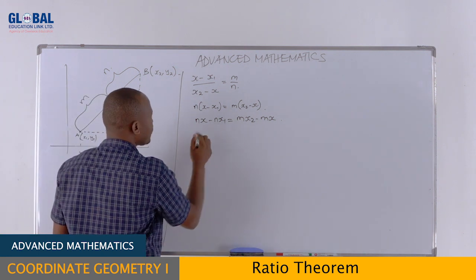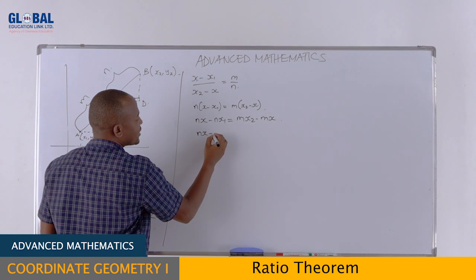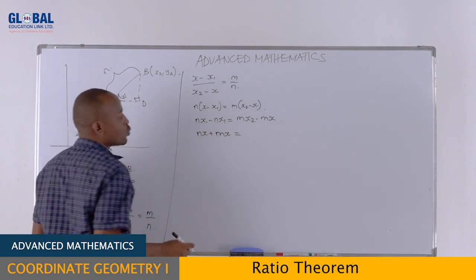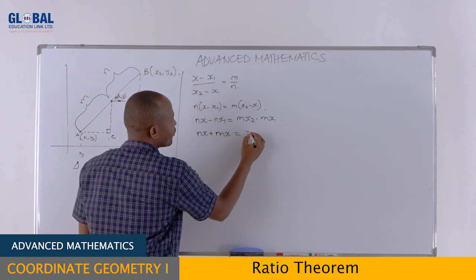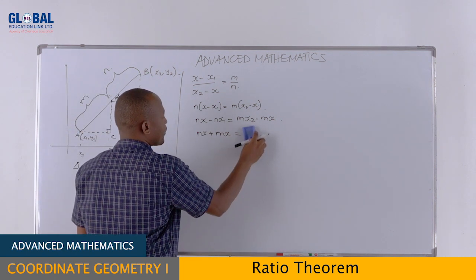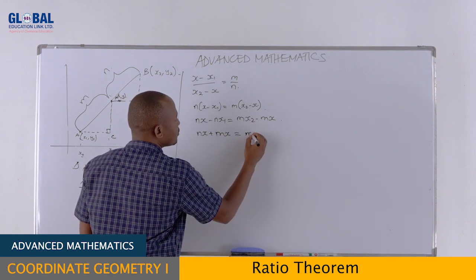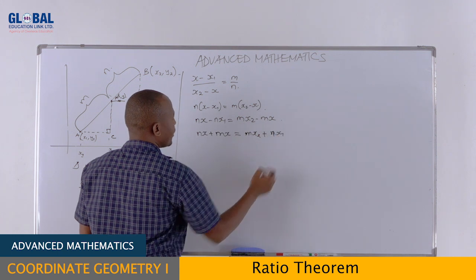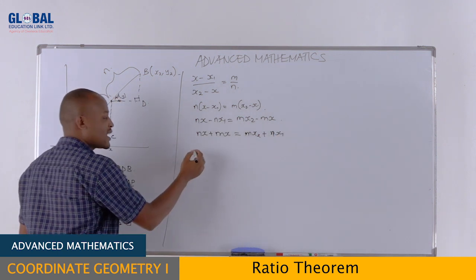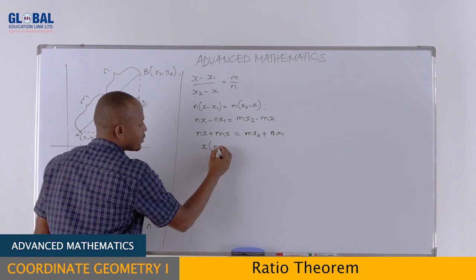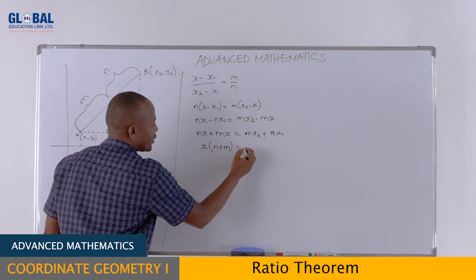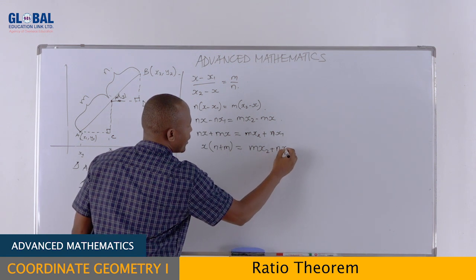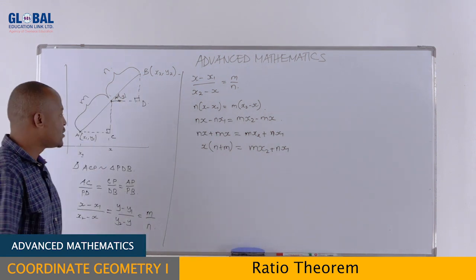We have nx plus mx equals mx2 plus nx1. And we can factor out an x: x(n plus m) equals mx2 plus nx1.